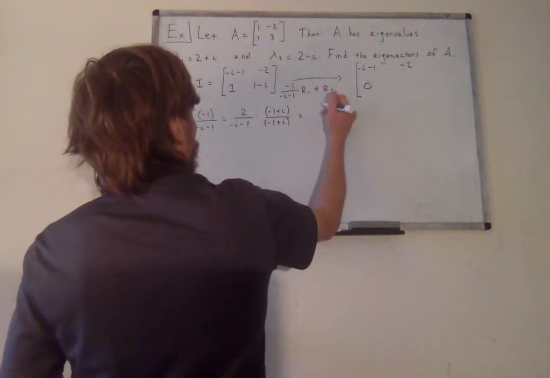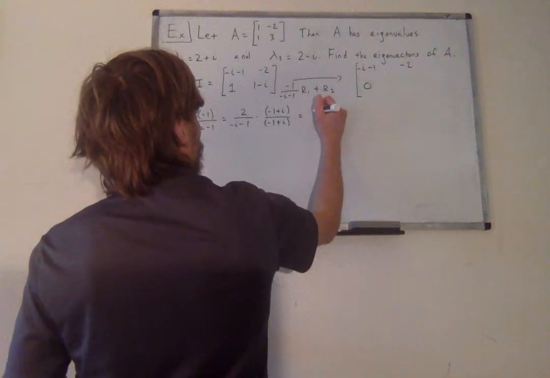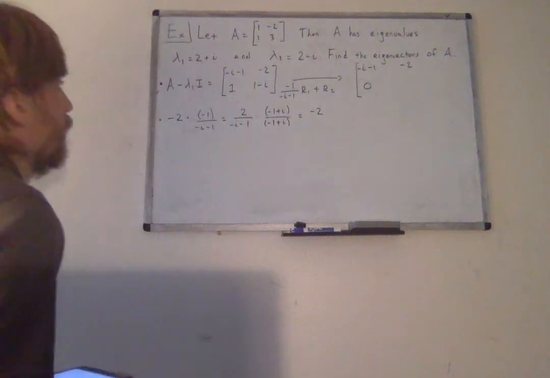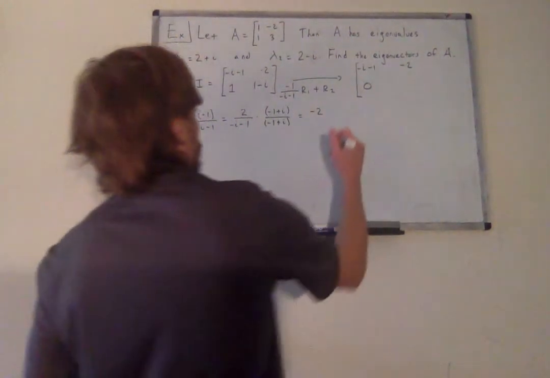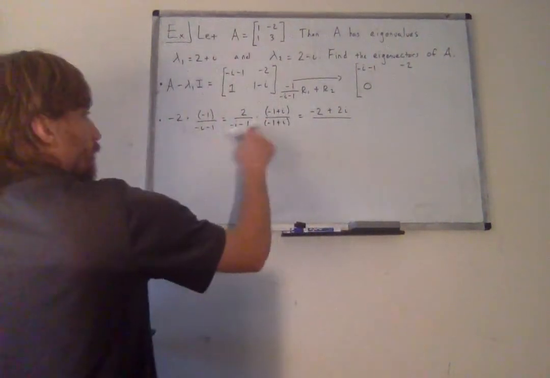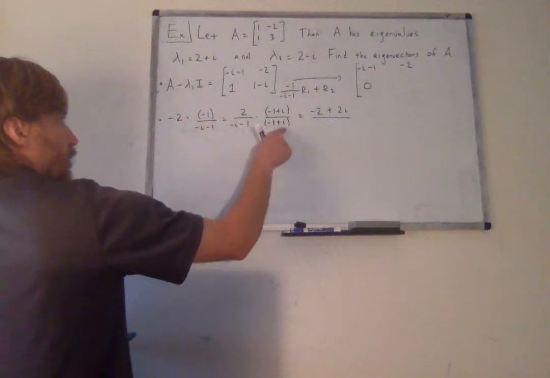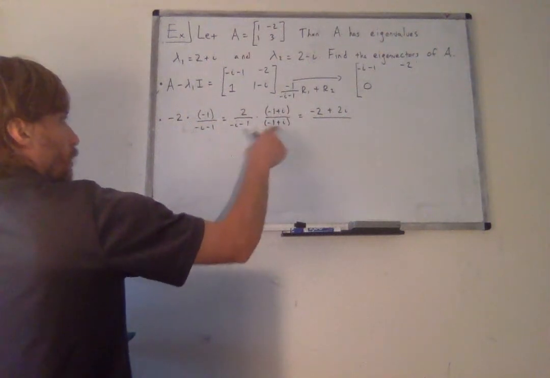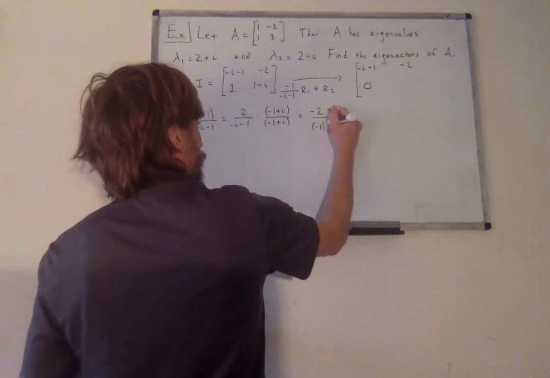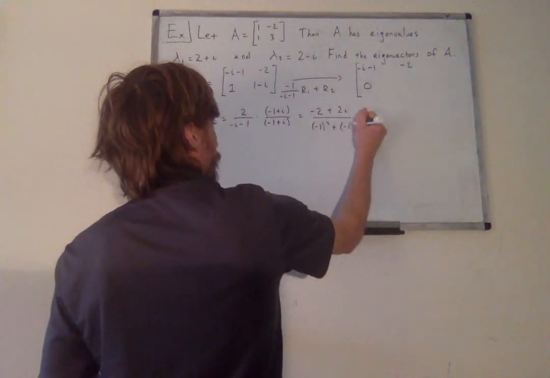At the top, I get negative 2 plus 2i. Here, the entry attached to i is 1 or negative 1, it doesn't really matter, so I get negative 1 squared plus negative 1 squared.